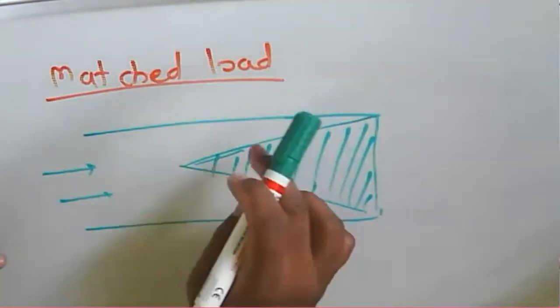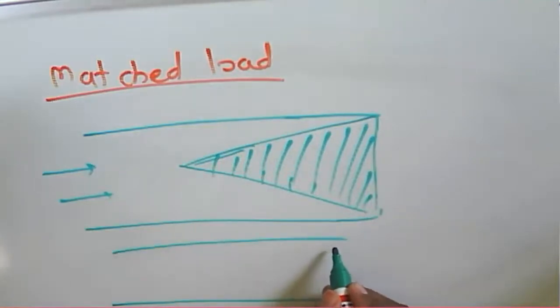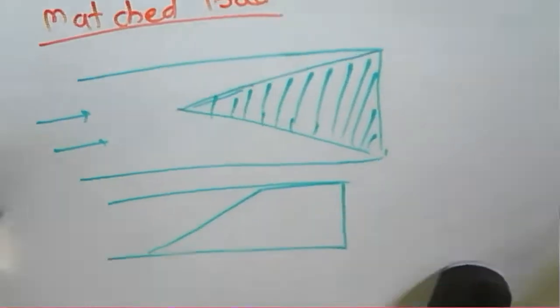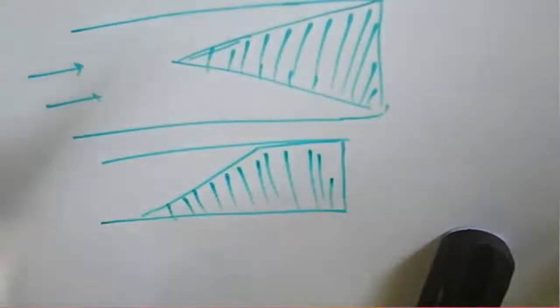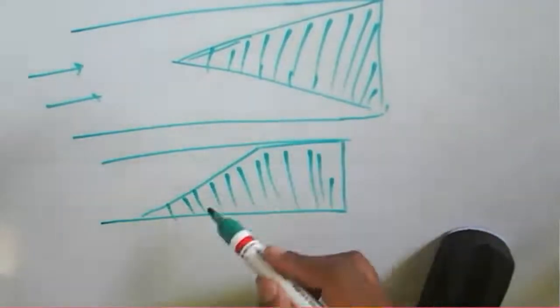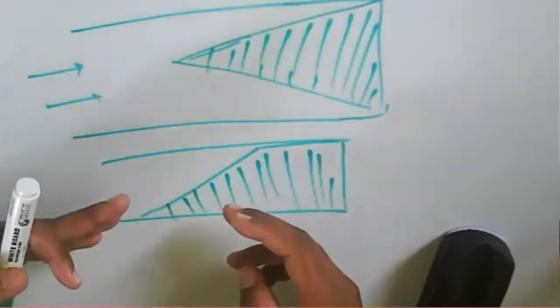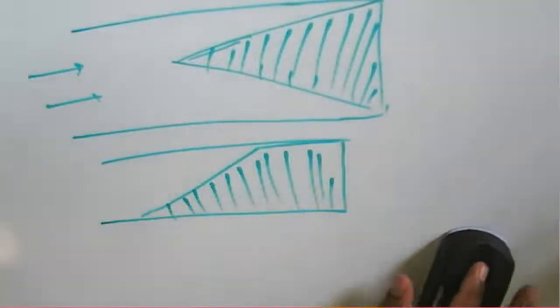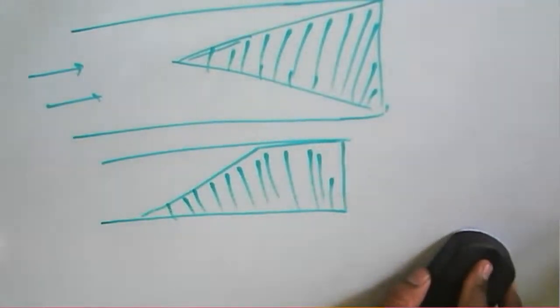The tapered sections are of different types, such as this type of tapered section, and another tapered section like this. Various types of tapered sections are used to absorb all the incident power. No reflection will come out from this section. That is called a matched load, or a matched termination.